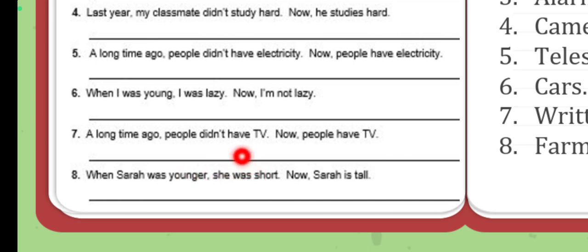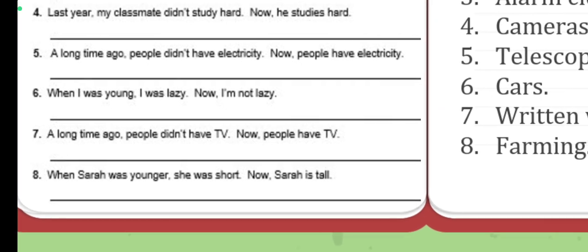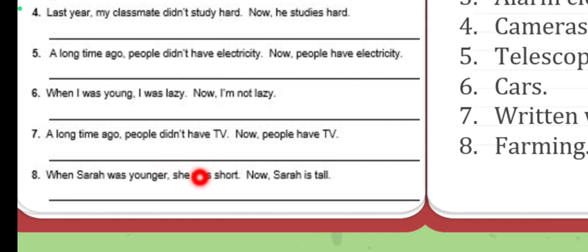Here we use the affirmative. So she used. She did not use. Oh, okay. This is not negative. The number 7 was negative, but the number 8 is affirmative.